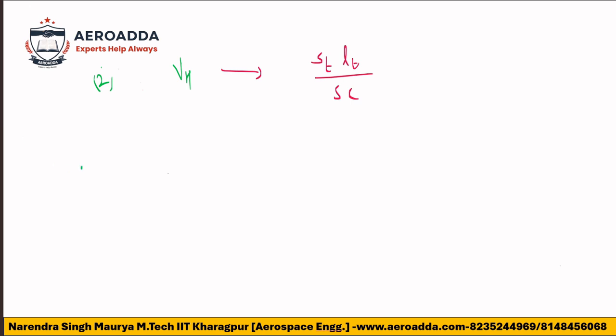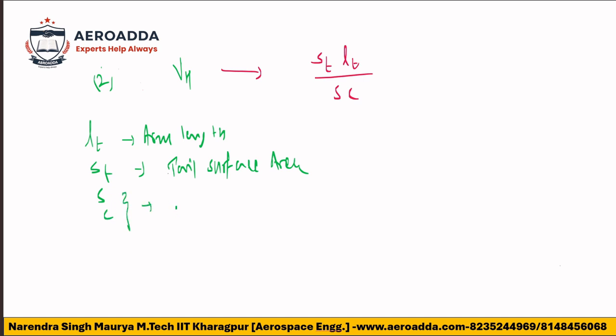I told you already. ST is nothing but the tail surface area. S and C are basically the reference area and the reference chord length.